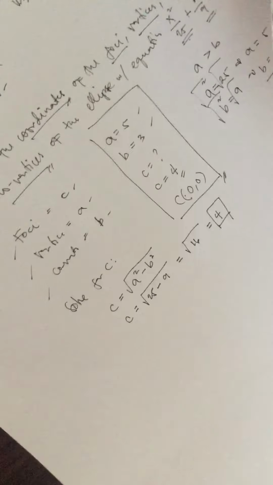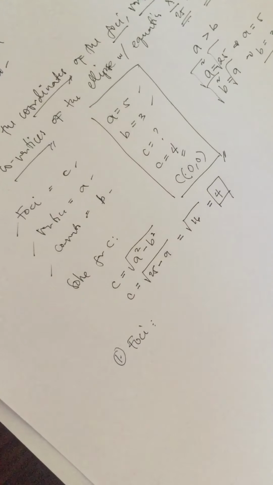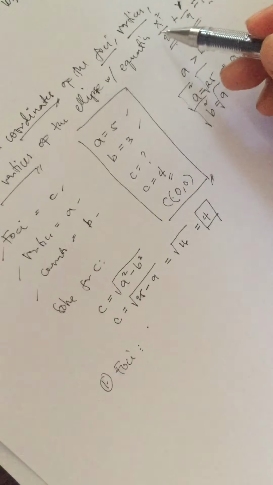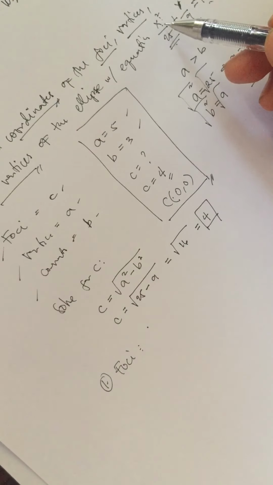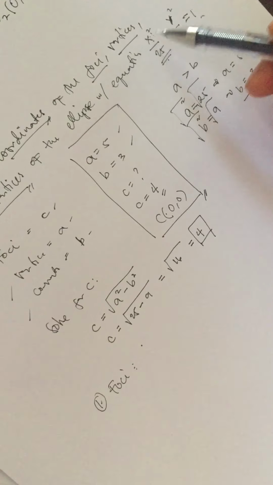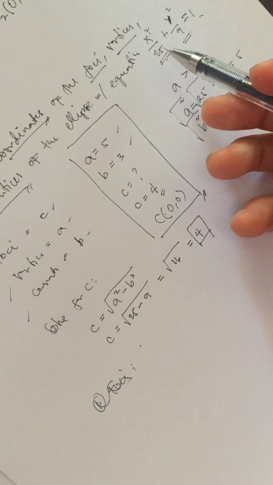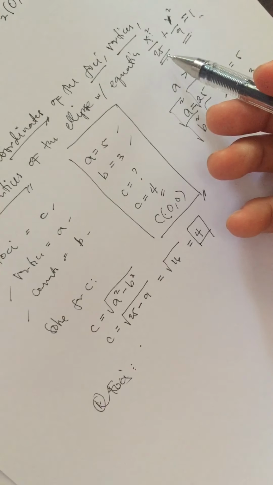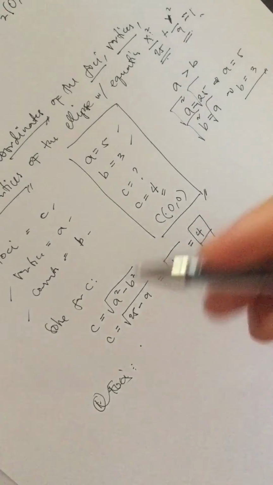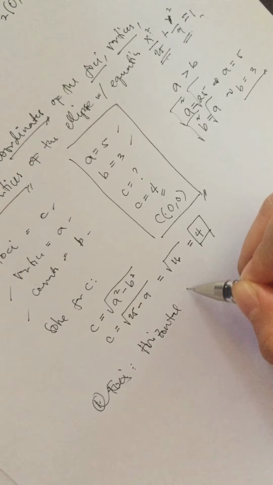For our features, let's start with the foci. What would be the value for our foci again? First, identify whether it is a horizontal or vertical ellipse. Since the 25, the bigger number, our A, is under x squared, more likely this is a horizontal ellipse.